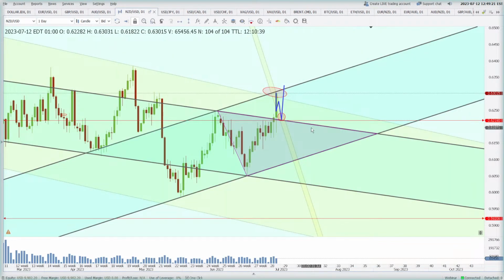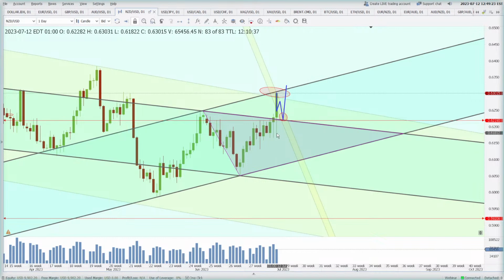Right now we are talking about the New Zealand dollar. Yes, New Zealand dollar has gained a lot today. That's why maybe it is red against the euro. I mean, euro is red against it.